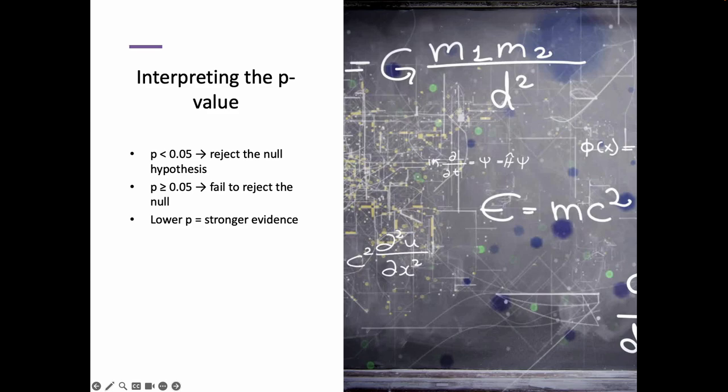Importantly, a lower p-value indicates stronger evidence against the null hypothesis. A p-value of 0.01 shows stronger evidence than a p-value of 0.04.